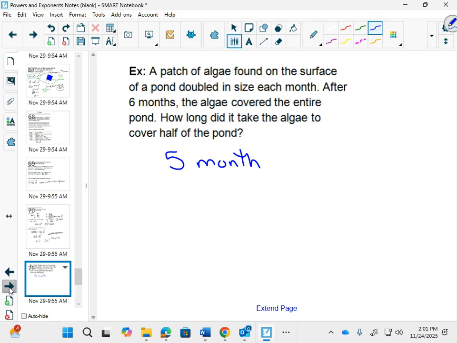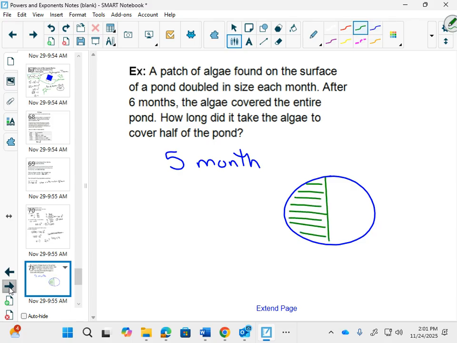Because if it was half covered, it doubles every month. Right? Here's the pond, a beautiful pond, half covered with algae. If it is half covered and you double it, the next month it would be all covered. Wait, I'm so confused. Does that make sense? But the thing is that it takes 6 months to cover the whole thing.